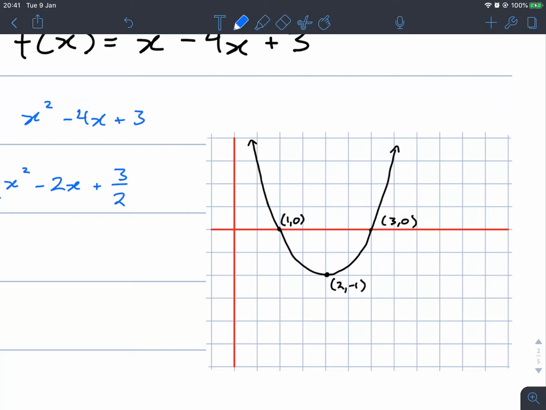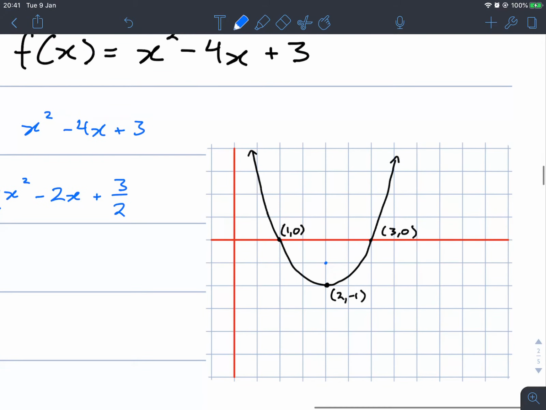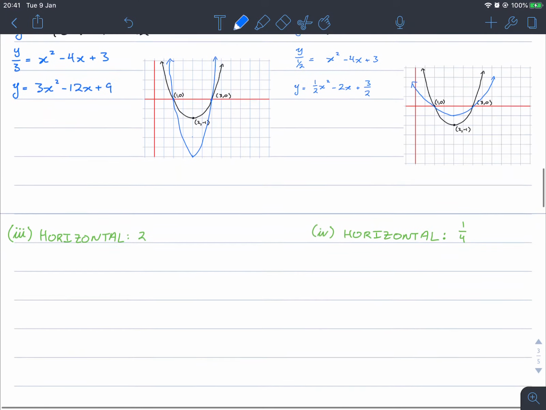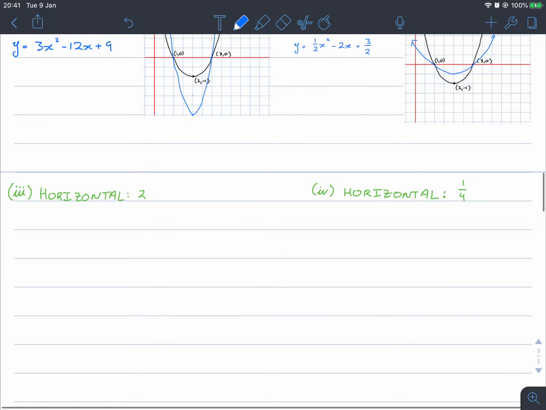So it will now be here. Using just this point, we can see that this parabola will look somewhat like this. It's been flattened out just a little bit. And there we go.